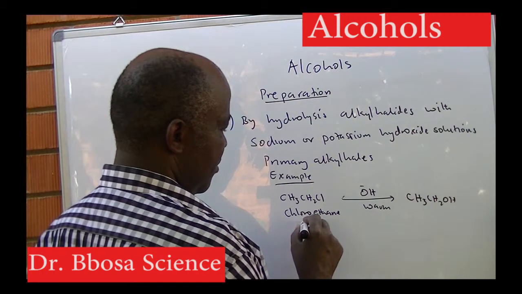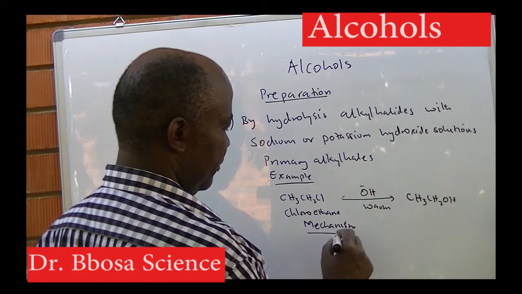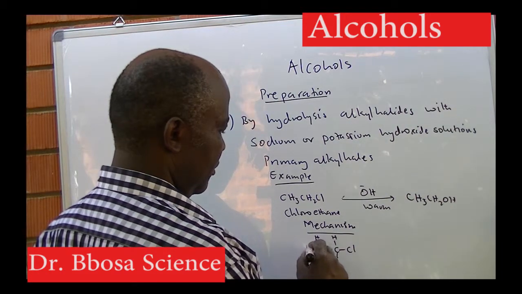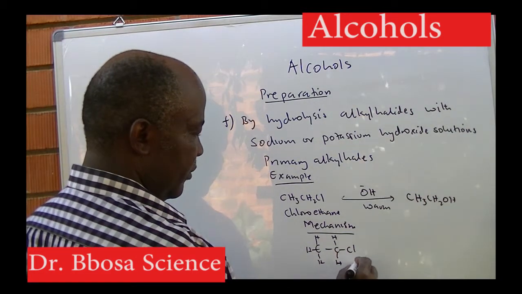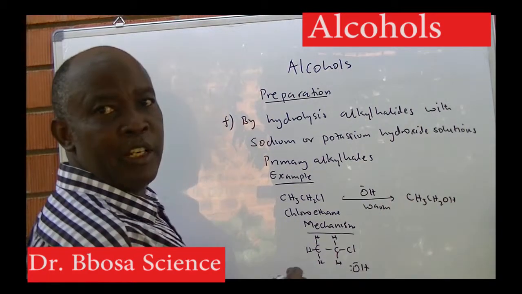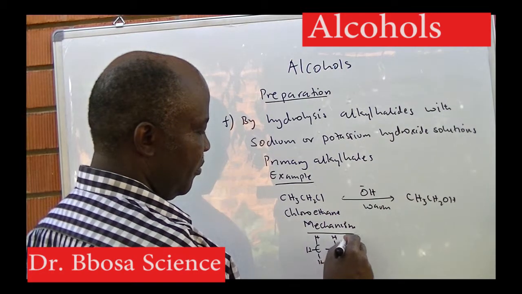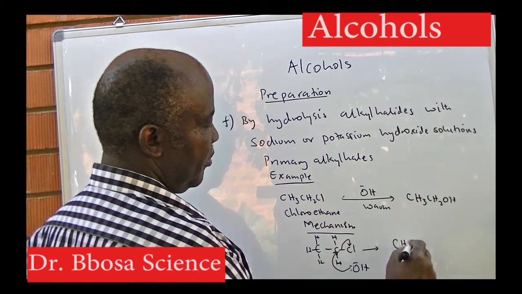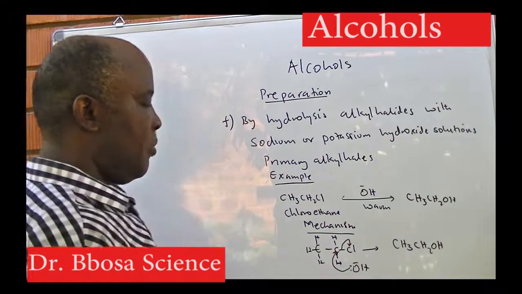Mechanism. The OH ion uses a pair of electrons to displace a chlorine ion from the carbon to form the alcohol.